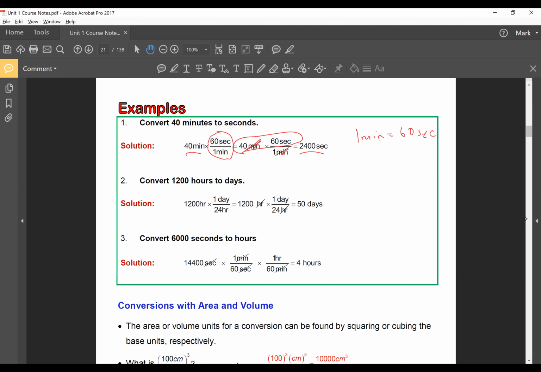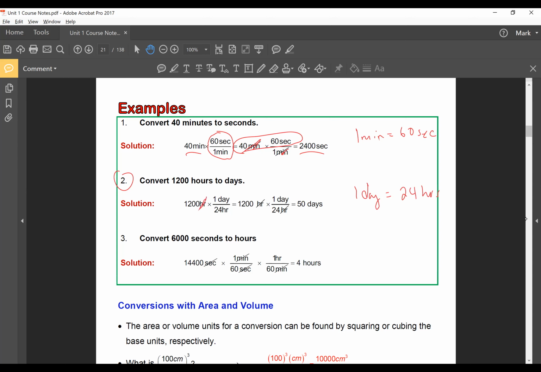The next one, pretty straightforward. I want to convert 1,200 hours to days. Okay, so I'm doing number 2. I know that 1 day is equal to 24 hours. So that's my conversion factor, which I turn into a fraction.